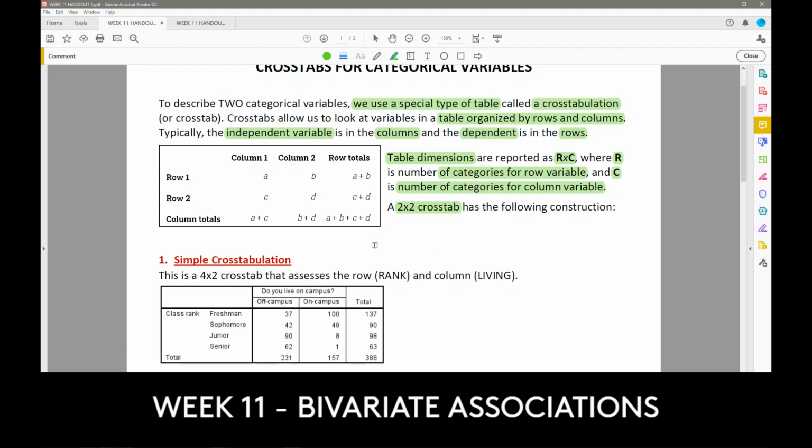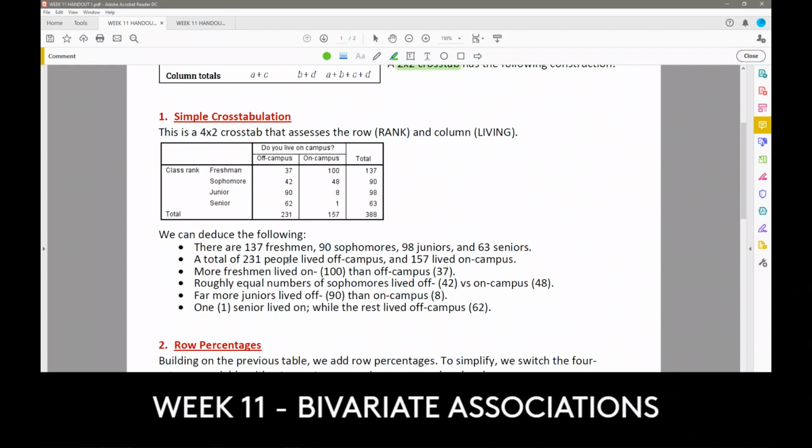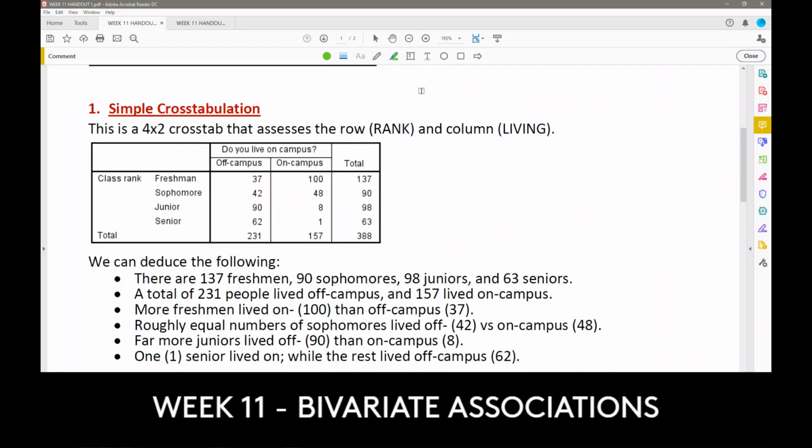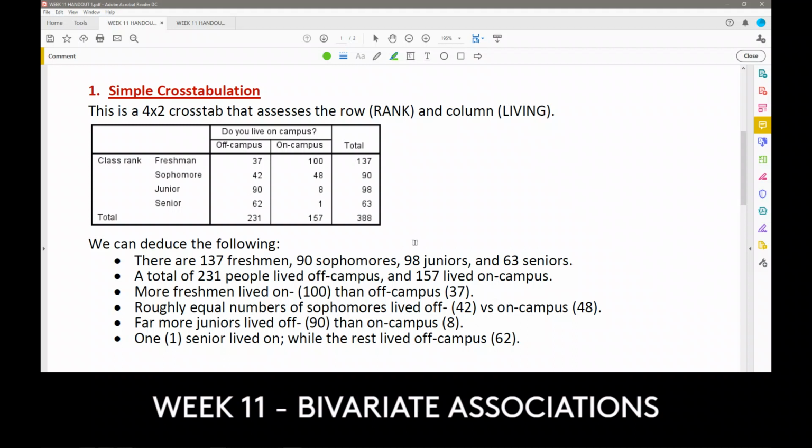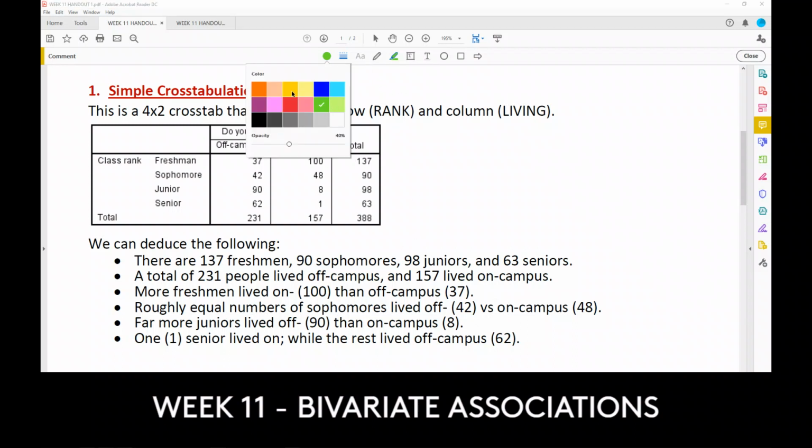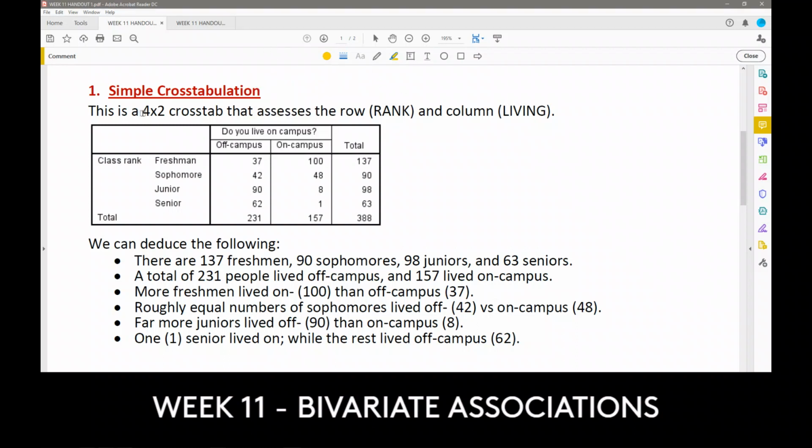Now, let's move on to what I would characterize as a simple cross-tabulation. This cross-tabulation produces a 4x2 crosstab, and it is assessing two variables. One is the class rank of students, determining their rank in college, either freshman, sophomore, junior, or senior.